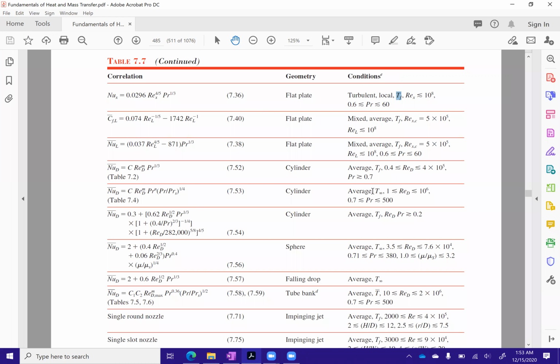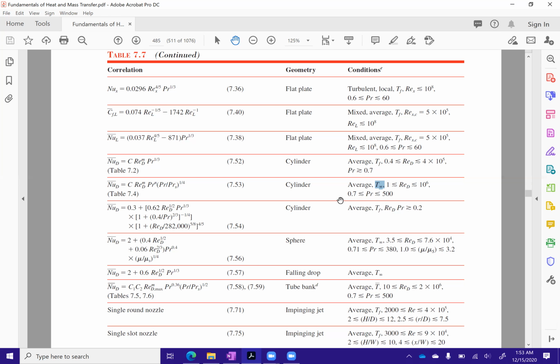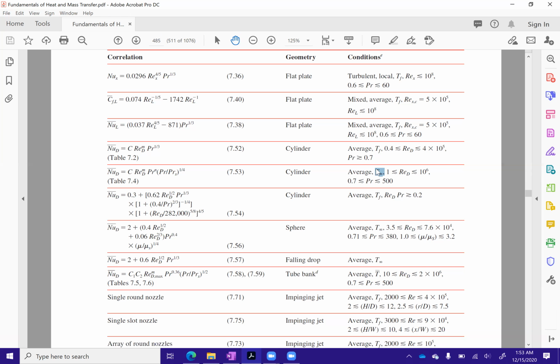But if I'm going to use this one, I need the free stream temperature. Personally, I always start with the film temperature because it's quite a bit more common to use the film temperature equations.